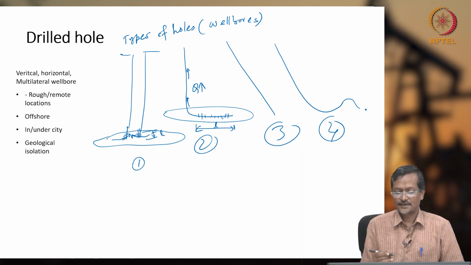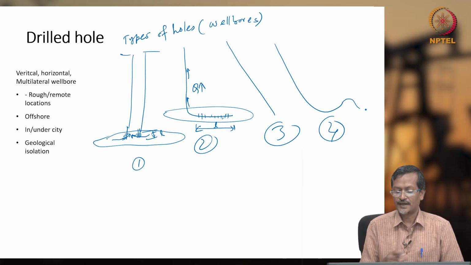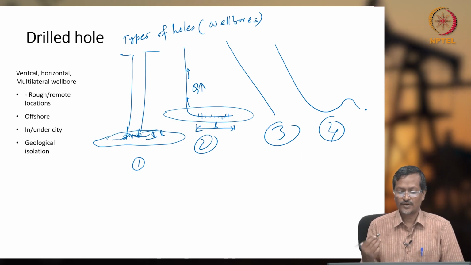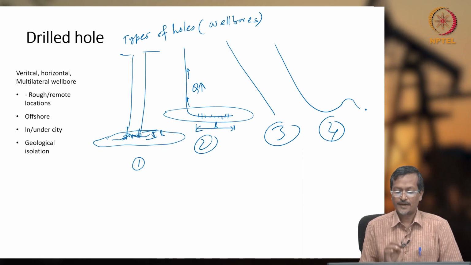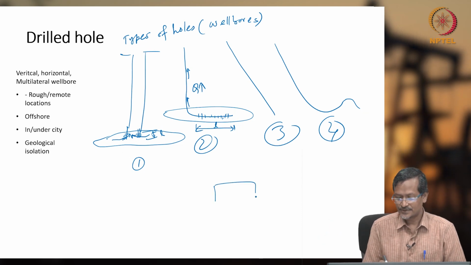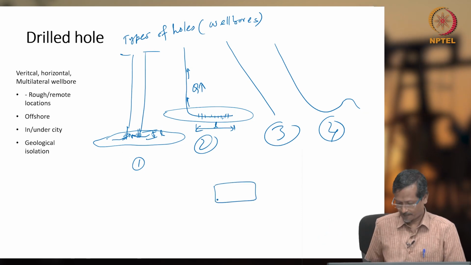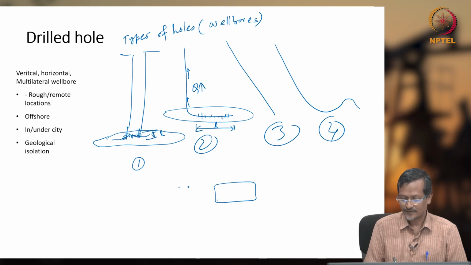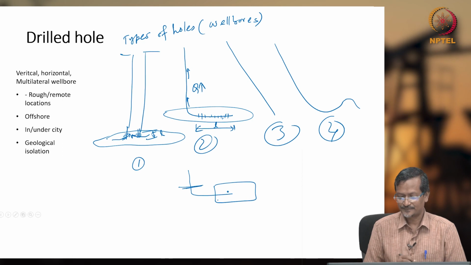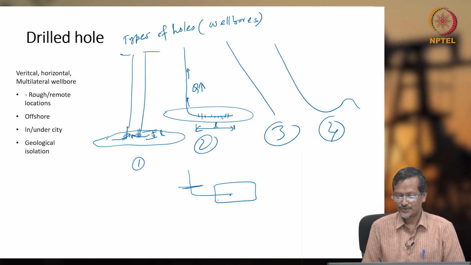Many cases depend on reservoir condition, and another condition can be remote areas. For example, you want to drill a hole inside the IIT campus, but IIT or the government will not allow it. Then you drill a hole outside the IIT campus somewhere land is available. So this is your IIT campus, and where land is available is here. You drill a hole here and go horizontally to access that area.